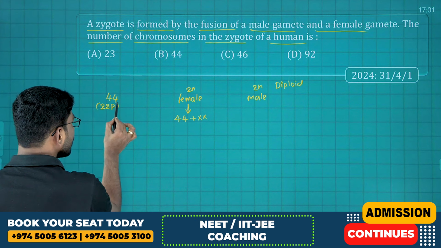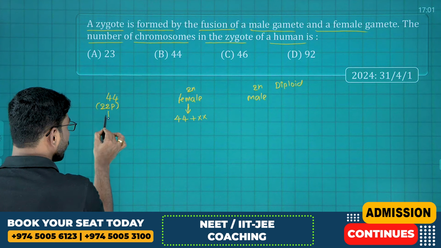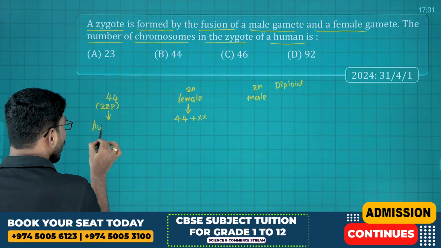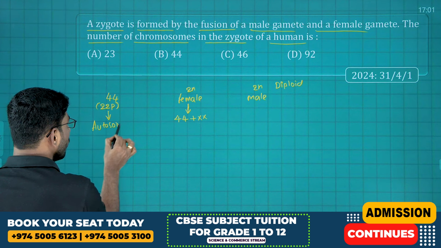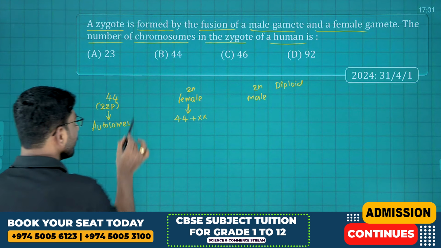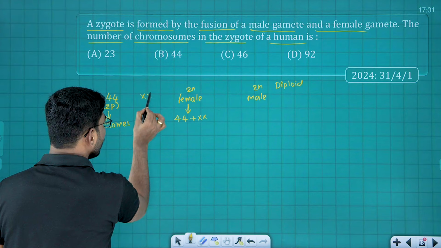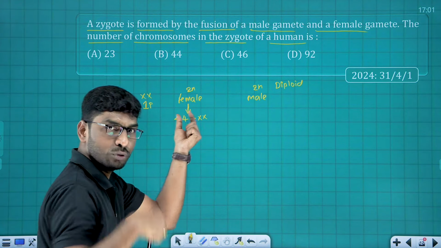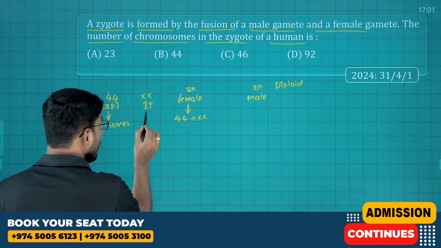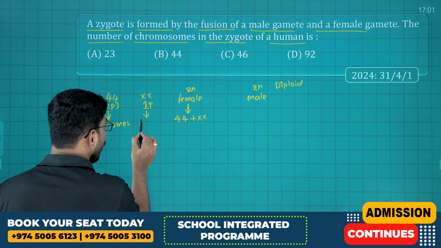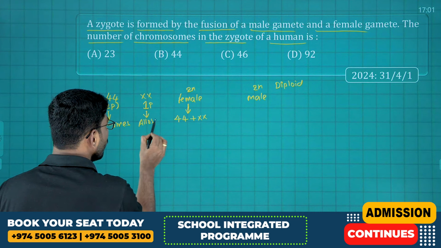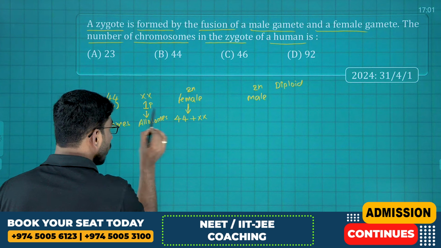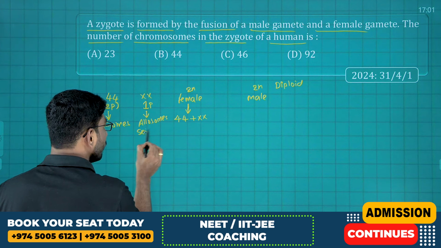These 22 pairs, 44 chromosomes, are called autosomes. Next, the XX chromosome is one pair, nothing but 2. This one pair of chromosomes is called allosomes.